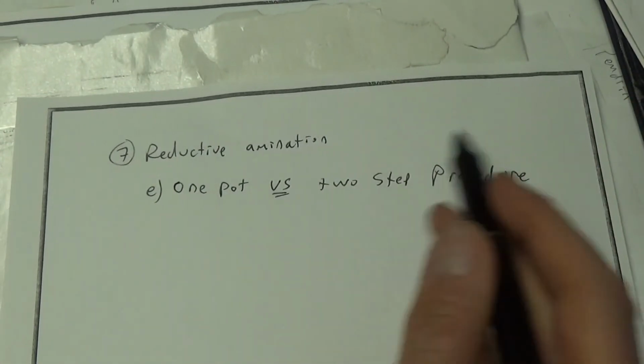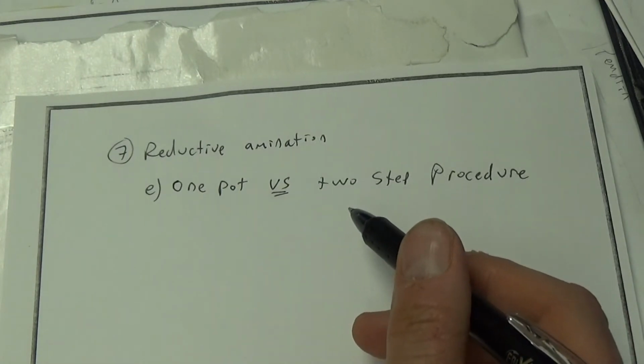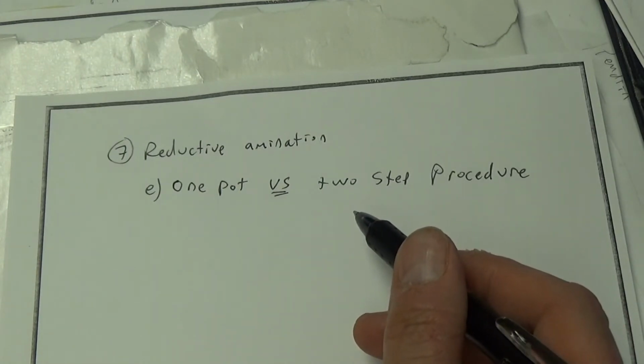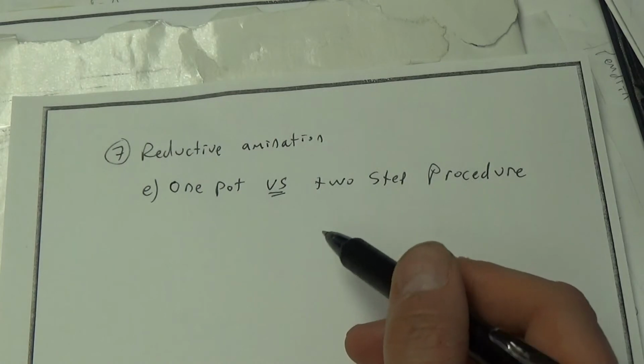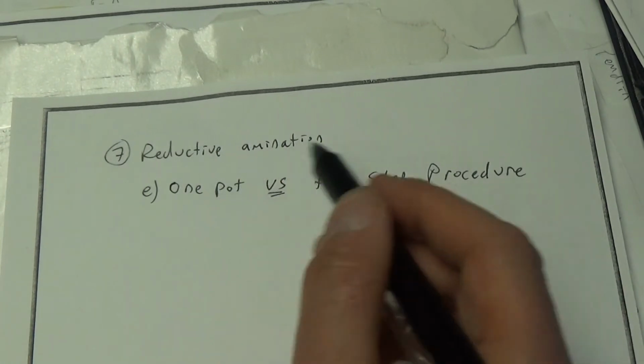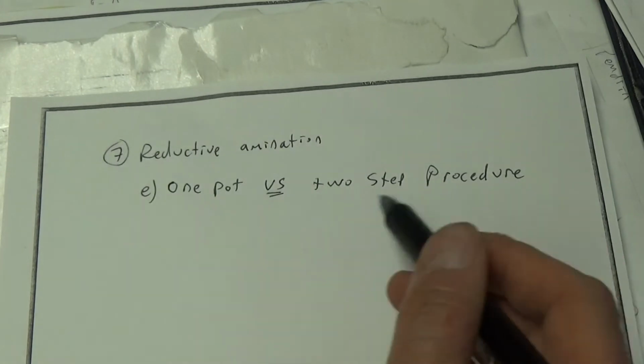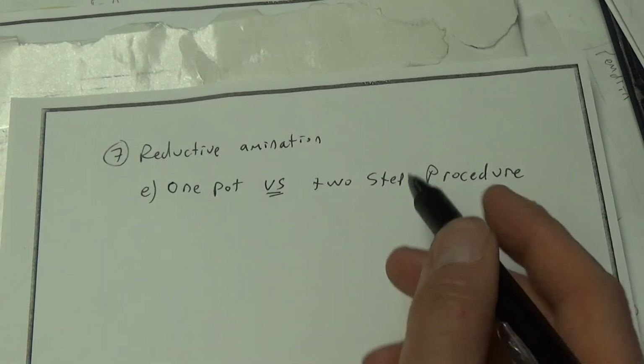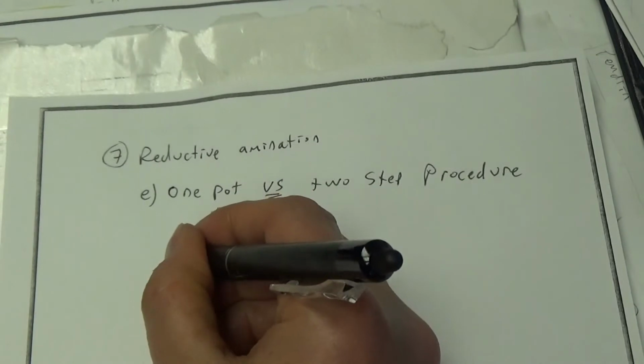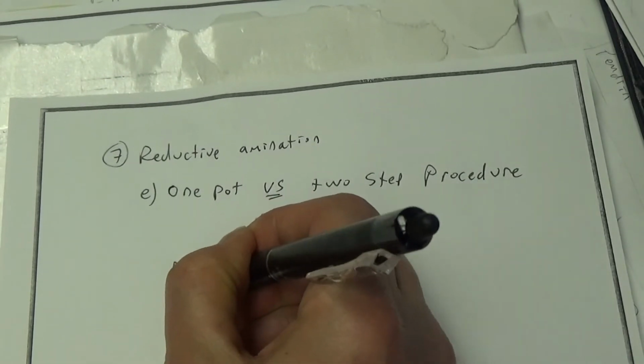So we do see both of these methods in chemistry. By one pot versus two-step, it's like do everything in a single step versus doing it as a two-step thing. Let's just show an example of this so it's clear.